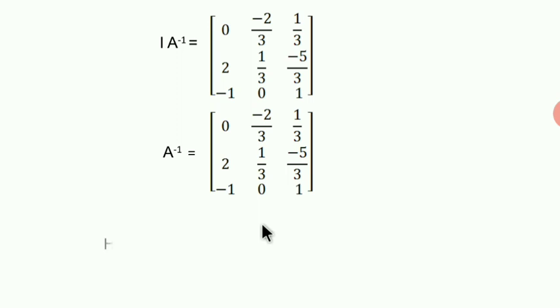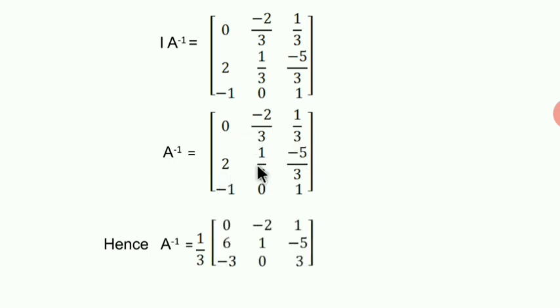This is the A inverse. If we take 1 by 3 as a common factor from this matrix, we get 1 upon 3 multiplied by the matrix with first row 0 minus 2 1, second row 6 1 minus 5, third row minus 3 0 3. This is the inverse of the given matrix by using elementary row transformations.